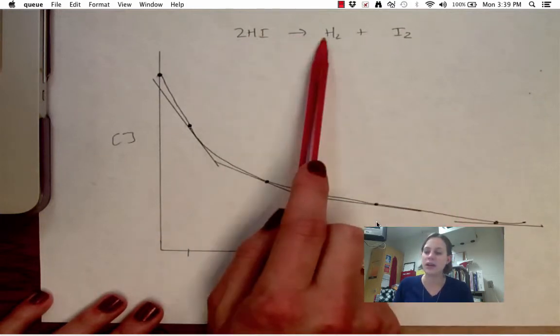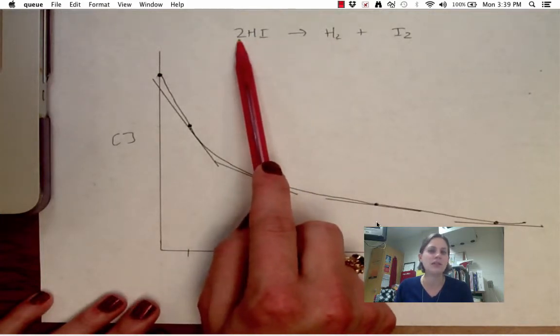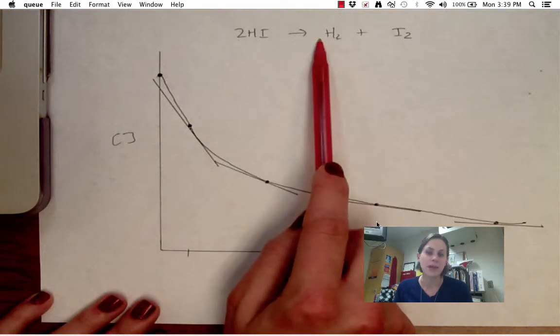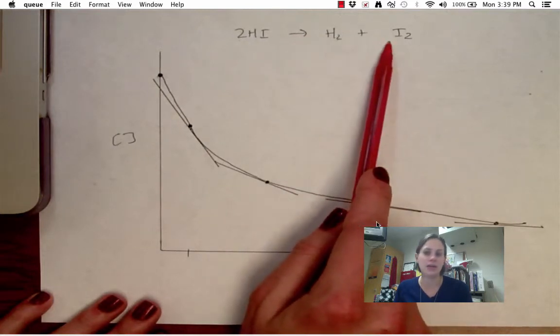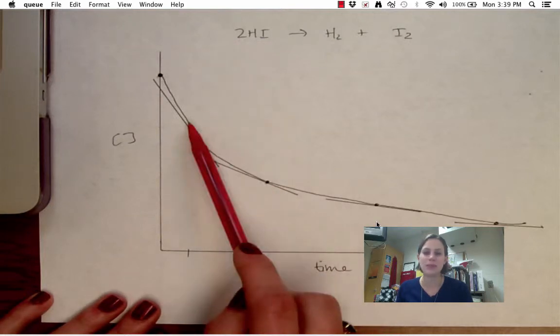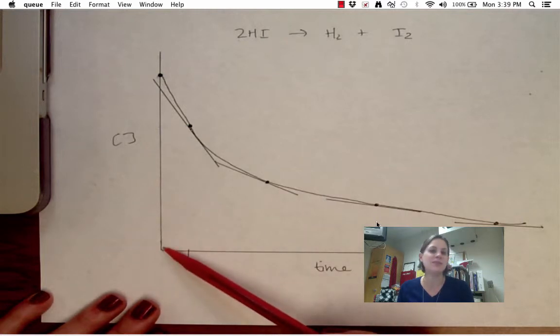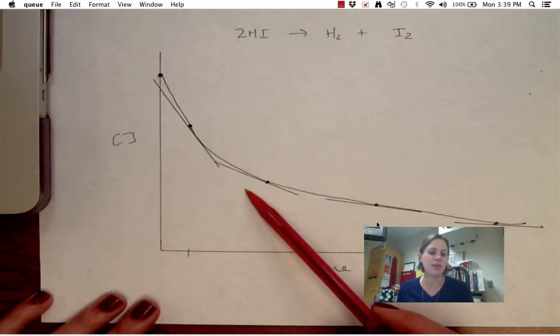The other thing to note is just somewhat with the ratio. For every two HIs that react, I get one hydrogen molecule and one iodine molecule. So it's half as much as my reactants. So my steepness of the slope should be half as big kind of from the start.